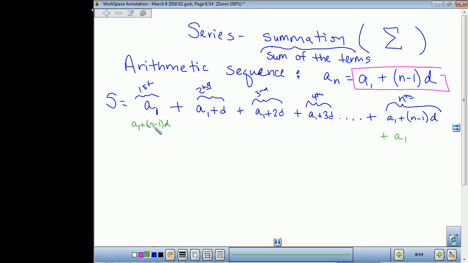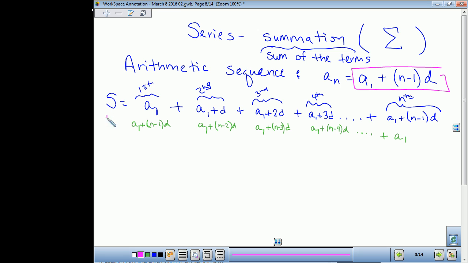Okay, so if this was n minus 1, could I say this one is n minus 2? And could I say this one is n minus 3? And this one would be n minus 4. All right. The ends are actually the easiest. We'll talk about the middle in just a second.